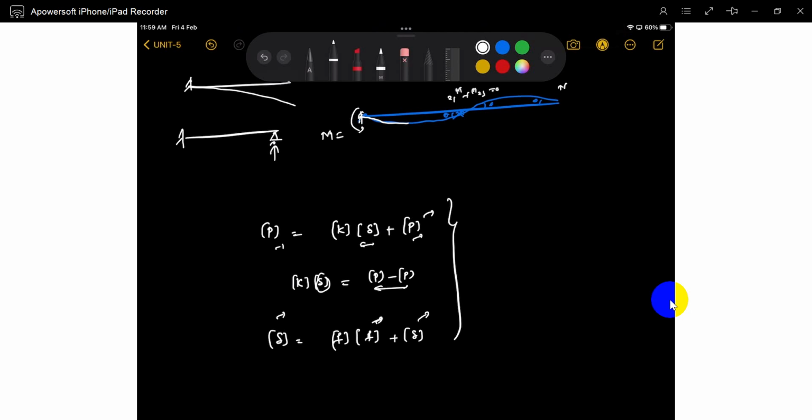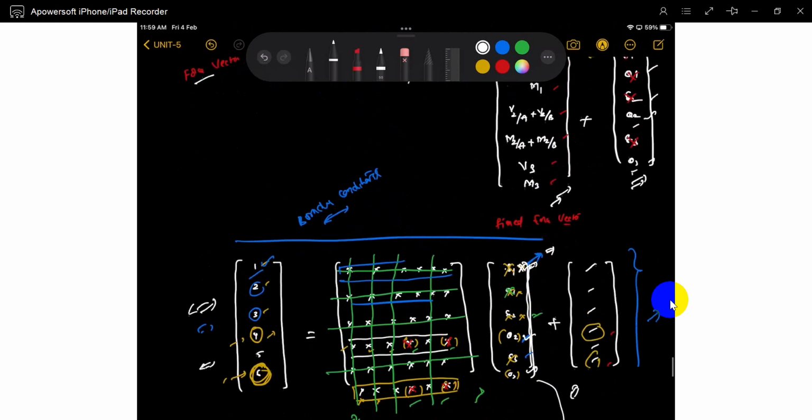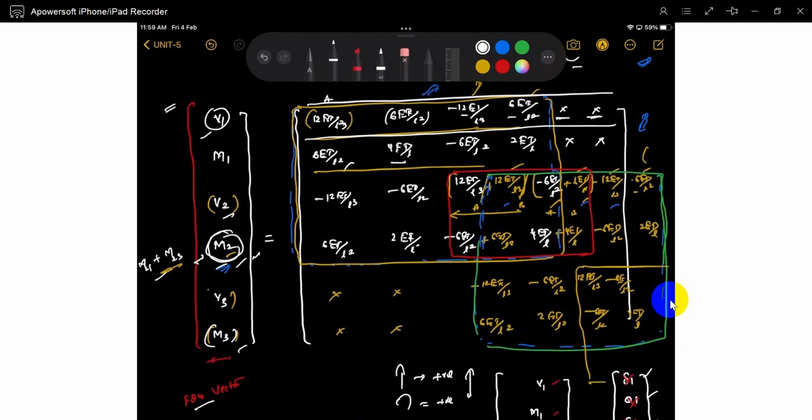How can we find out these unknown displacements? Here we can find out the unknown forces, but we have to find out the displacements. The way we developed the stiffness matrix, the same way you can develop the flexibility matrix, but only by individual choice.